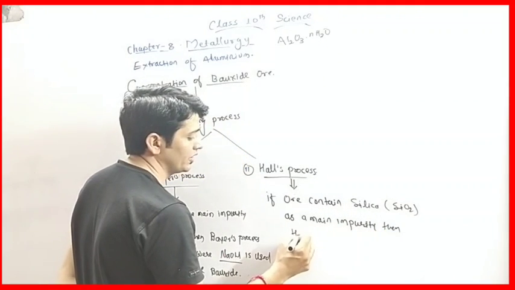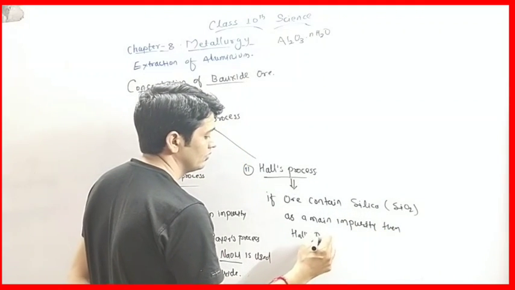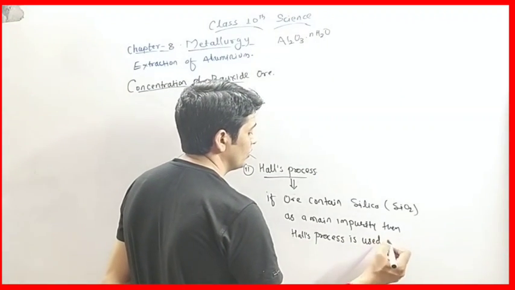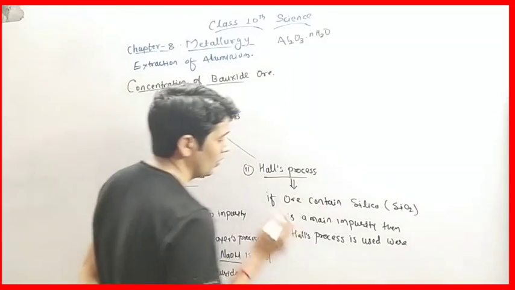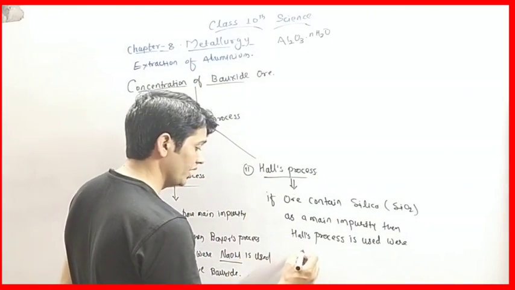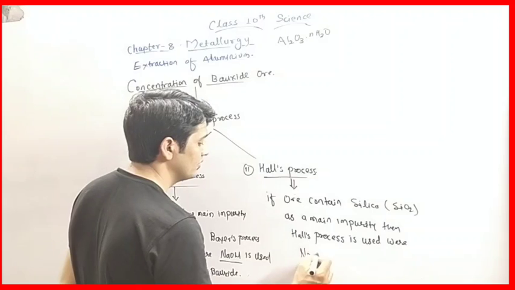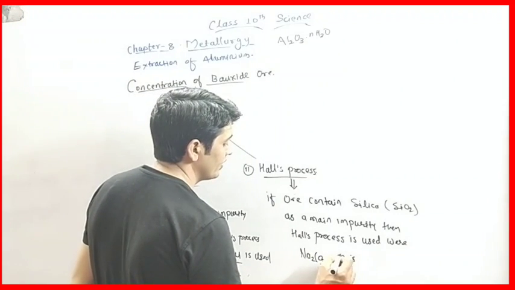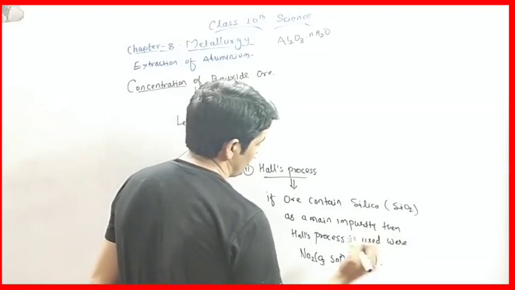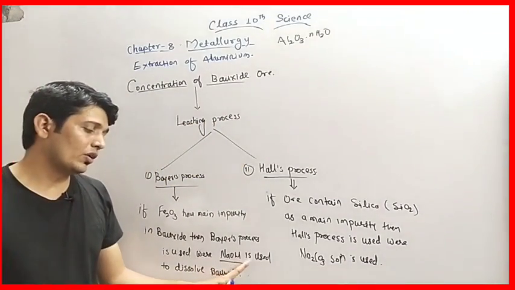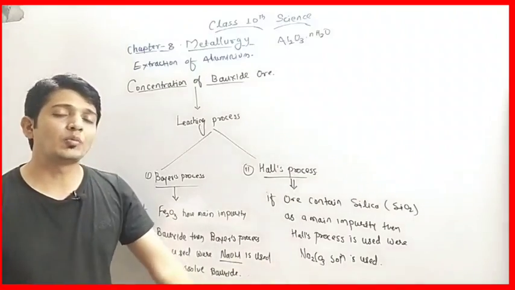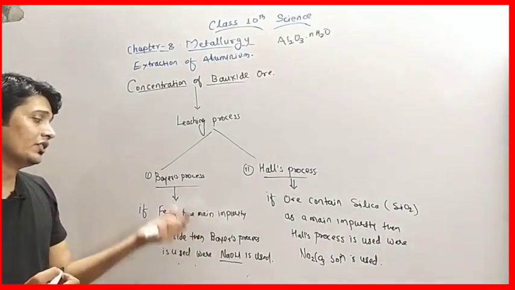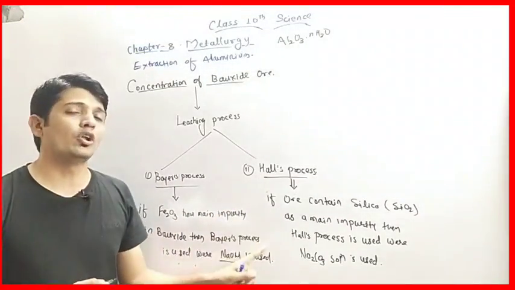Then Hall's process is used, where sodium carbonate solution is used. Here sodium hydroxide is used and here sodium carbonate is used. So we have to write till here only. This is the Bayer process and this is the Hall's process.